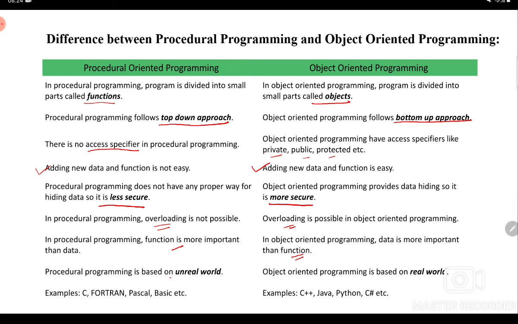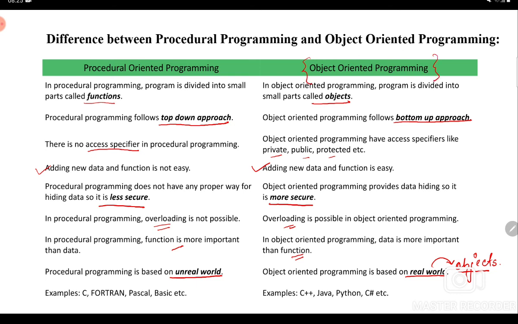Procedural programming is based on the unreal world. That means anything imaginative can be done using procedural oriented programming. However, object oriented programming is based on the real world, and this real world is mapped with objects. In our theory sessions or in our next video, we will talk about all of these points in detail, so that it becomes crystal clear for us to understand what the object oriented paradigm is all about.